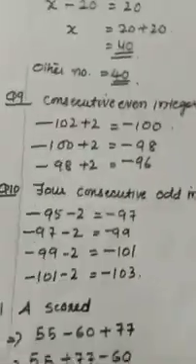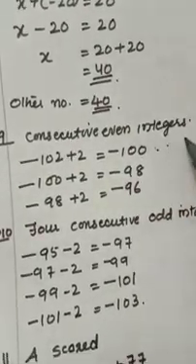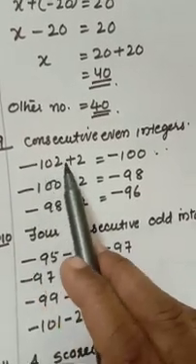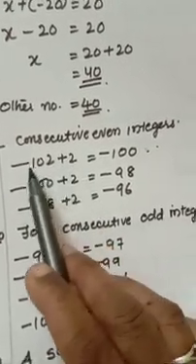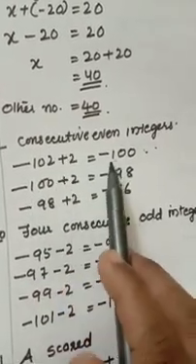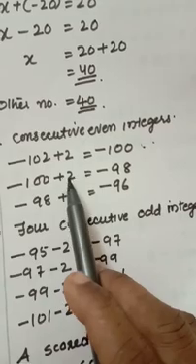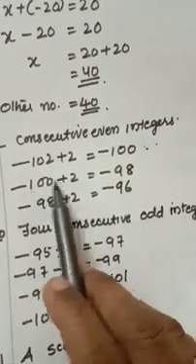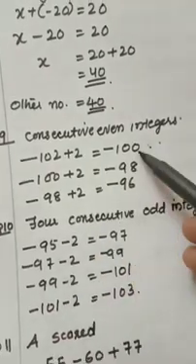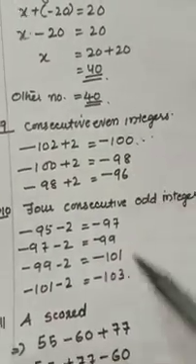So you have to add 2, you will get the next even integer. Minus 102 plus 2. Different signs, you have to subtract and put the bigger number's sign. Here also different signs. Minus 100 you get. Again you add 2. Add 2 but different signs, so you have to subtract and put the bigger number's sign. You will get 3 consecutive even integers.